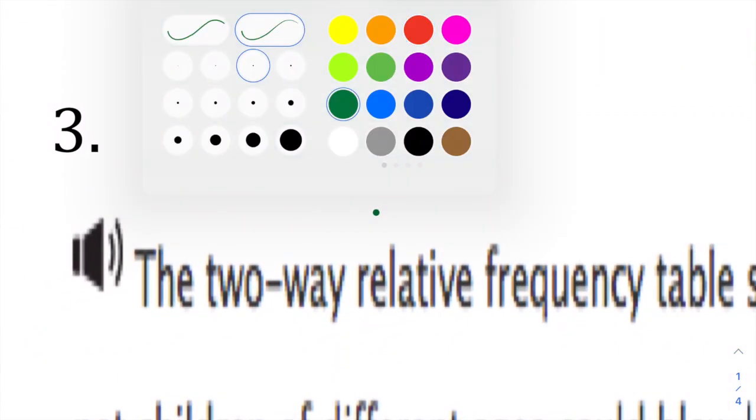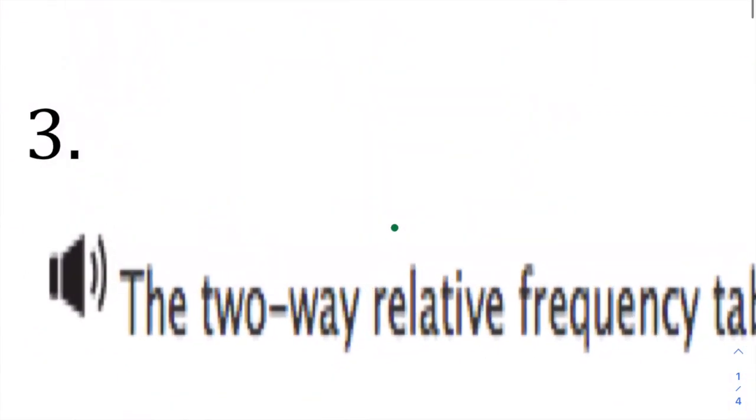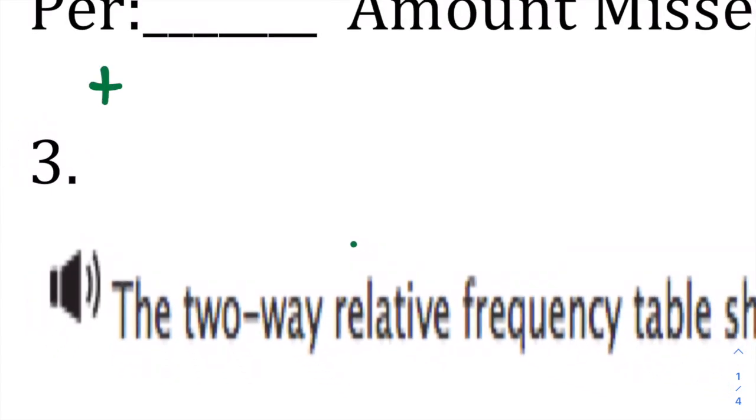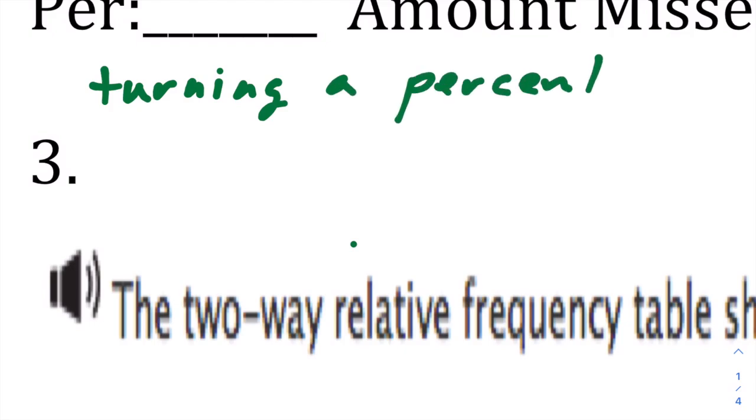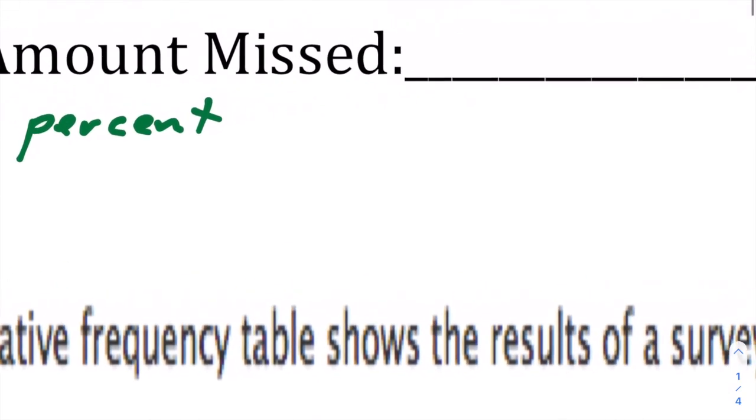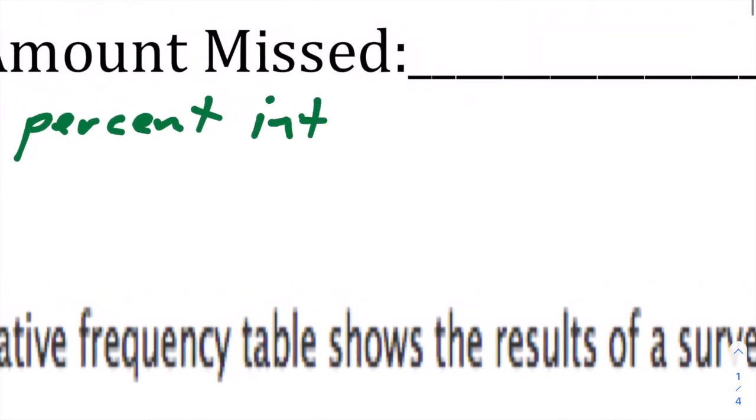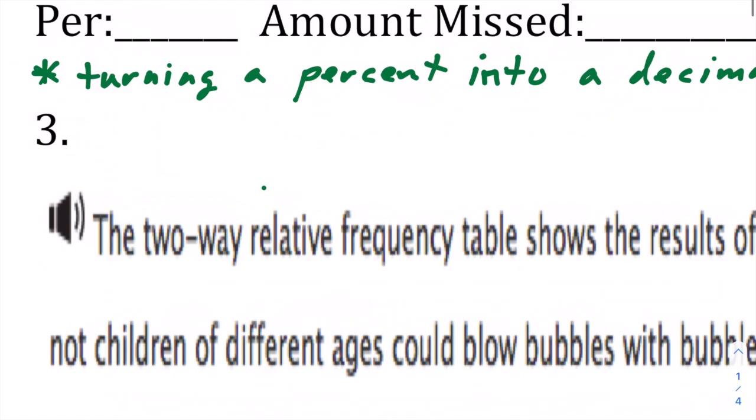Let's take a look at the last one. Again, the little prior knowledge that you're going to need to remember. This time we're going to go in the other direction. We need to remember how to turn a percent into a decimal. And let's give you an example.